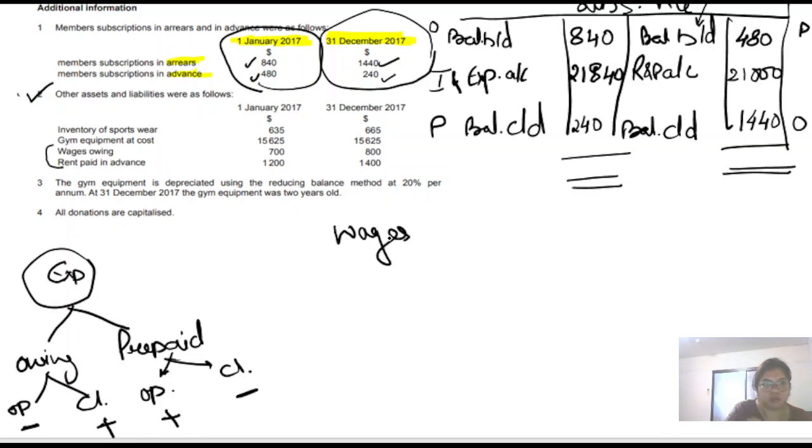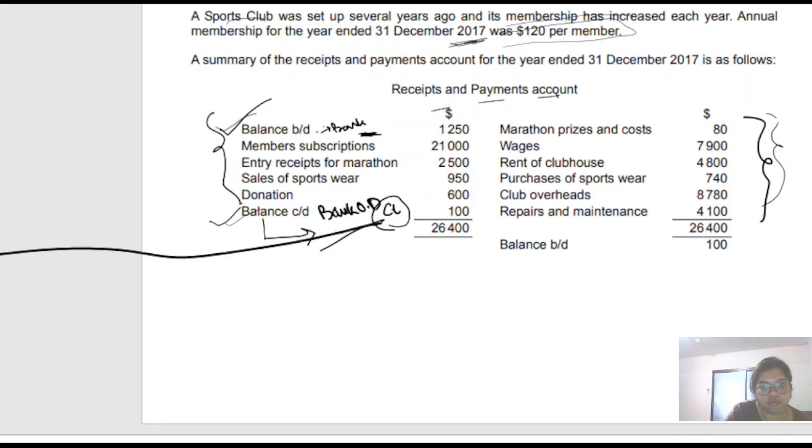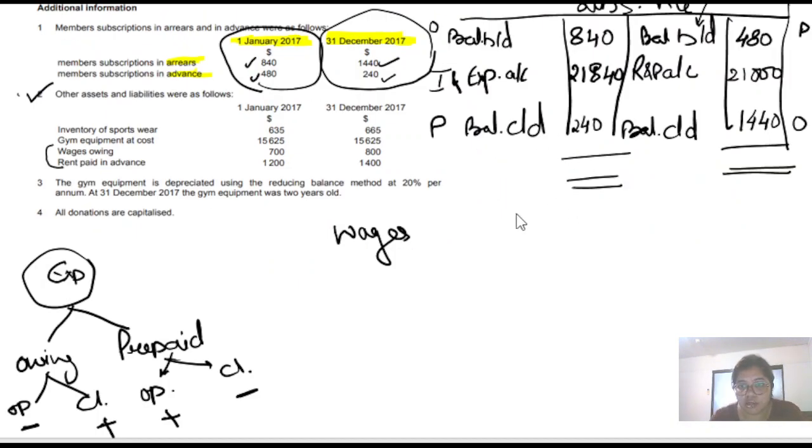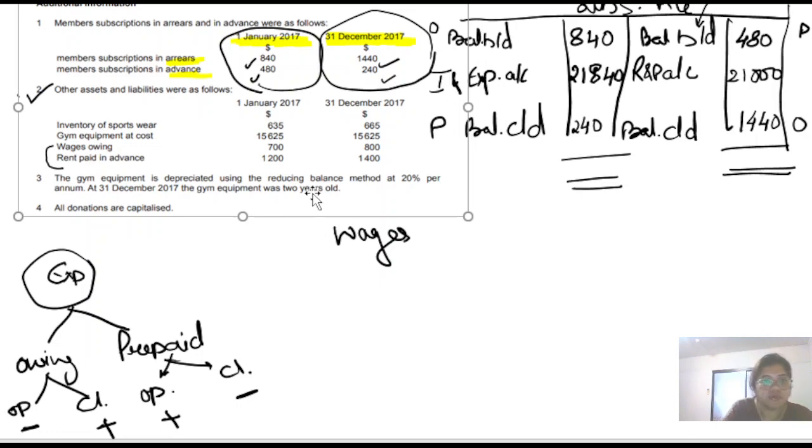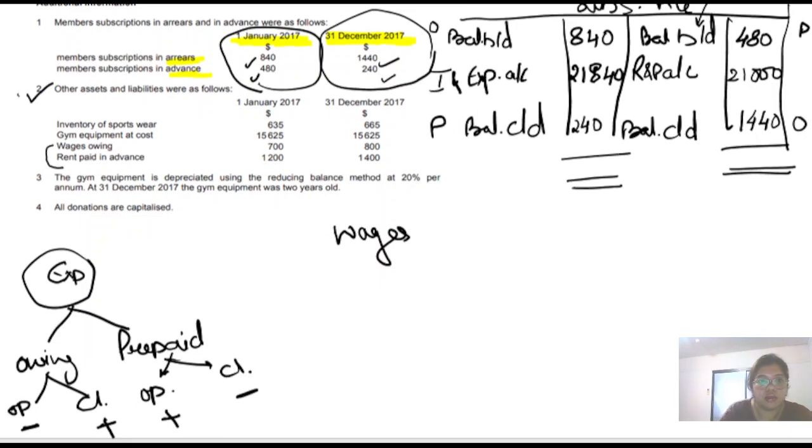Wages, from this it is given 7,900 here. So wages is 7,900.